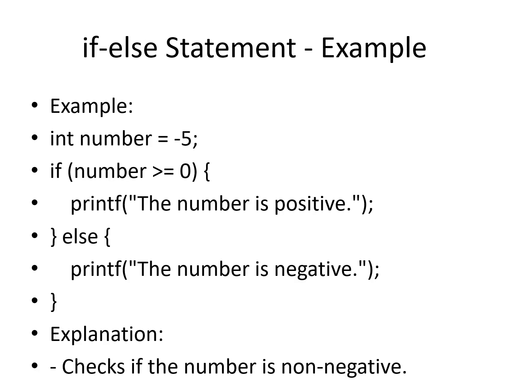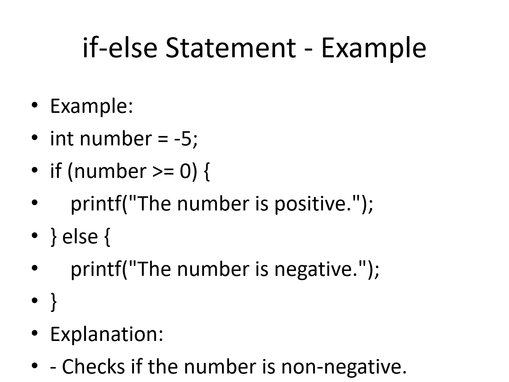So the next statement is the if else statement example. If the condition is true, then it will go into the if, and if the condition is false, the else part will be executed. Let's understand with an example. Let's initialize a variable int number equal to -5.